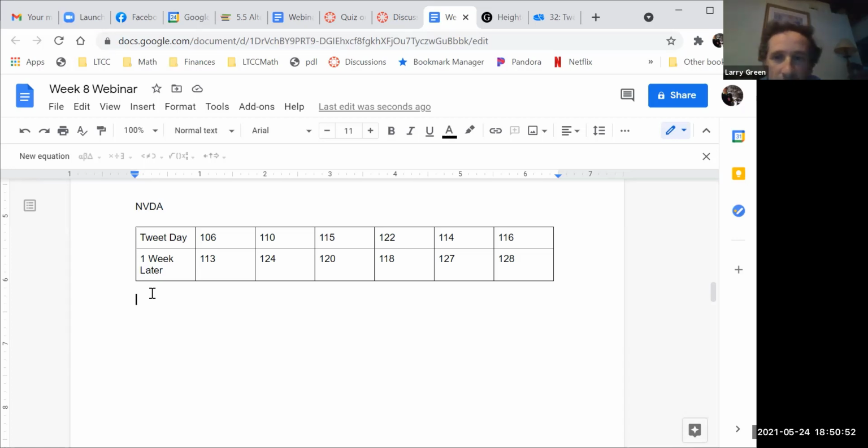The reason why it's dependent data is here was one tweet example where the tweet day it was at 106, a week later is 113. So for every tweet, there were two numbers I was able to gather. Then for another tweet, maybe the next tweet, 110 and then 124. So each tweet gave you two numbers. Any questions on that idea?